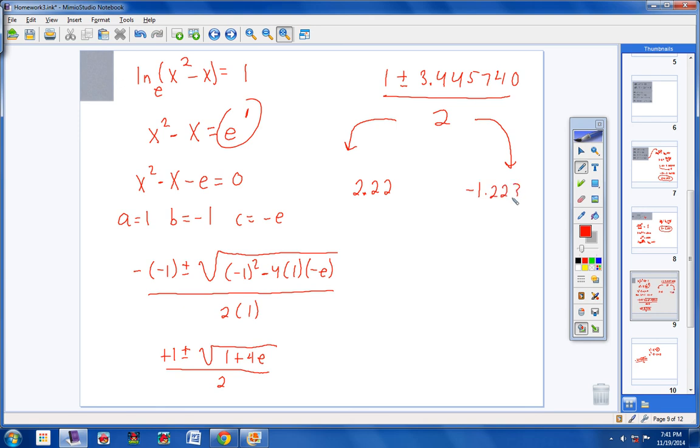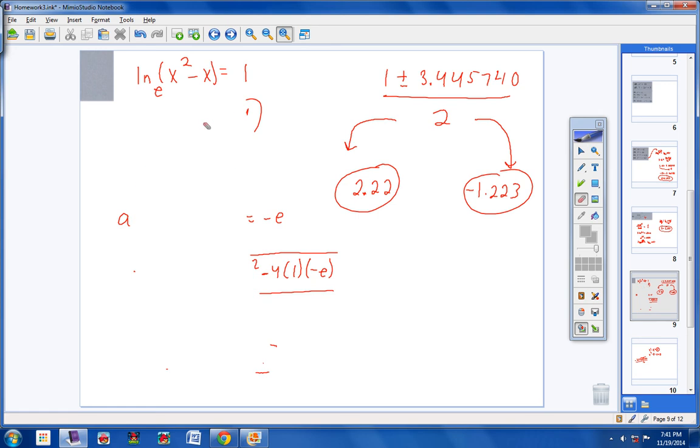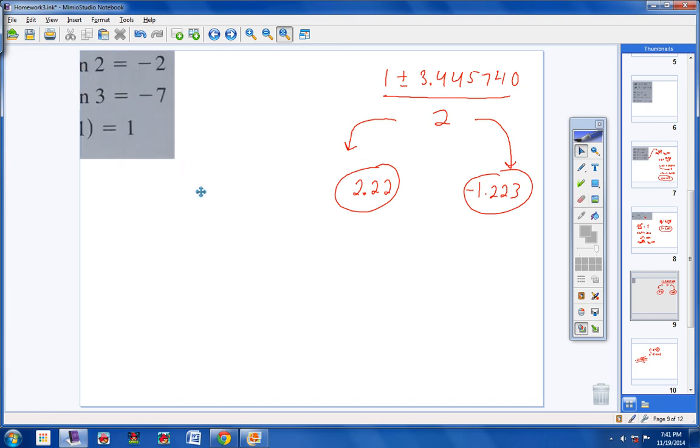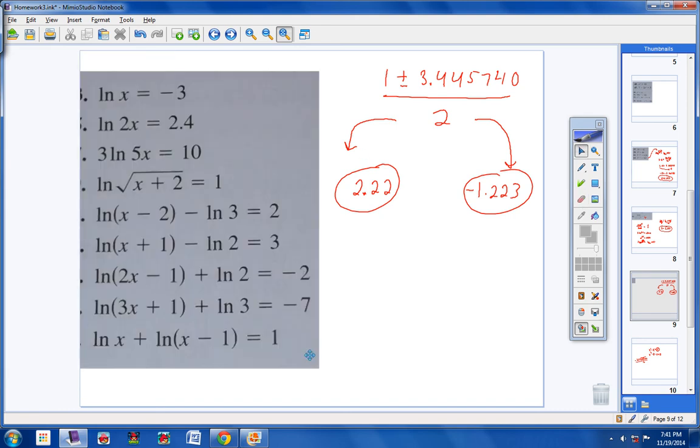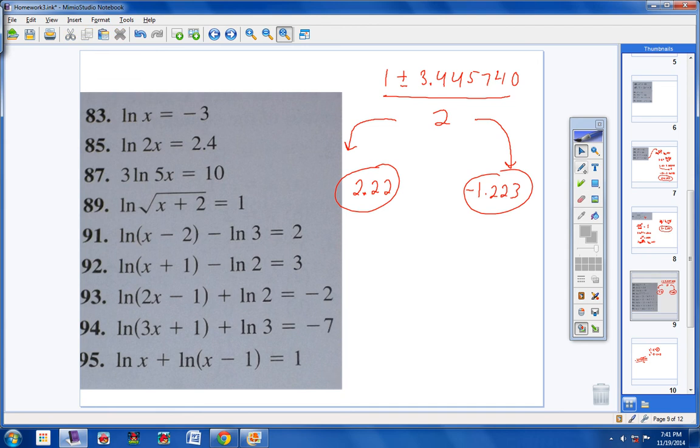So it looks like we have two answers. Now remember though, whenever you're solving a logarithmic equation, you must check to make sure the answers work. So this answer here works just fine. But this one here does not.